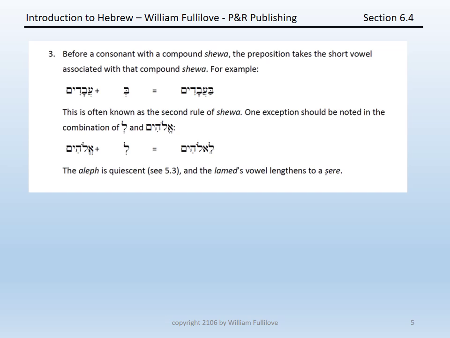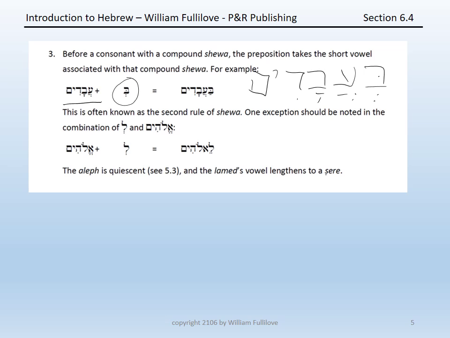Third, if you add a prefixed preposition with a simple vocal schwa to a word that already begins with a consonant and a compound schwa, like avadim, in this case what will happen, instead of a simple connection, you will not get what you would think of, bavadim.